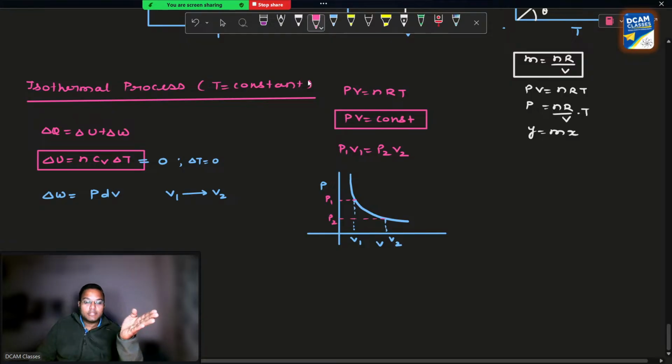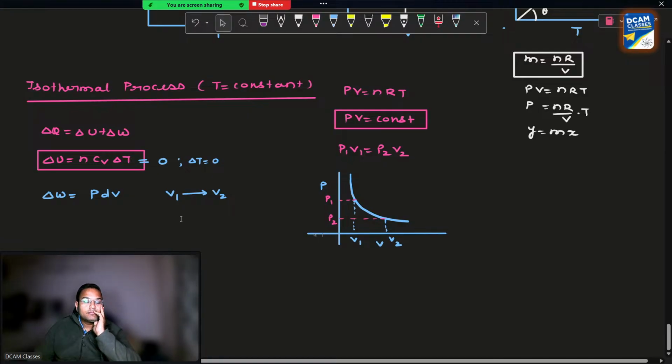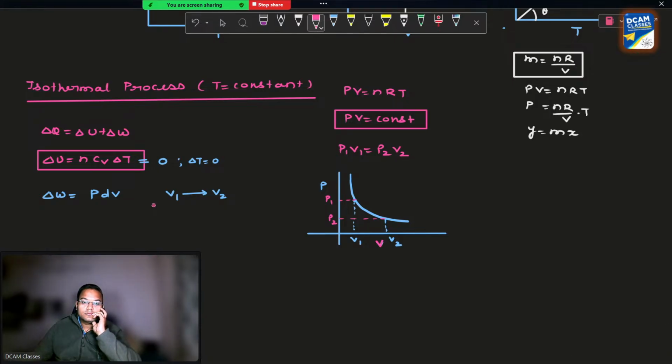If pressure was constant, your answer was correct. P into V2 minus V1. But pressure is changing, how will you find out? Kanishka, do you have the answer?